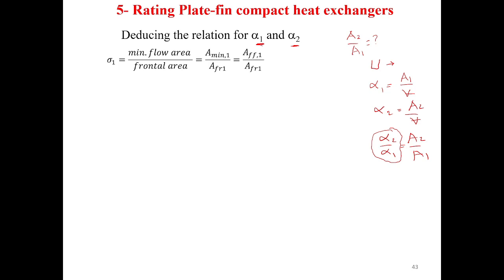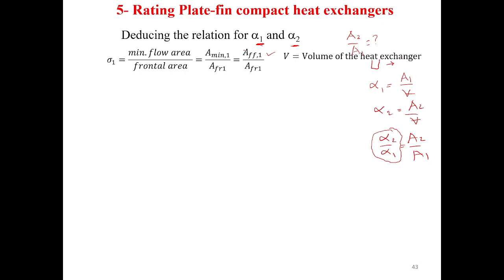We start with the sigma definition, which says that sigma is equal to the minimum flow area divided by the frontal area. Sometimes we call it A minimum, sometimes we call it AFF to indicate free flow area, for side 1 divided by the frontal area for side 1.